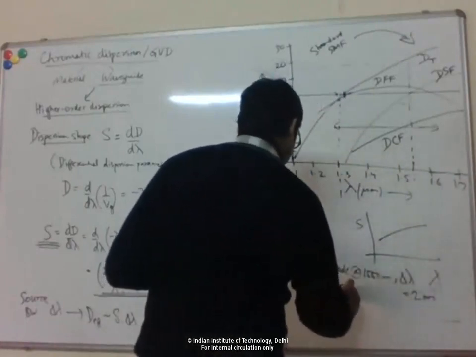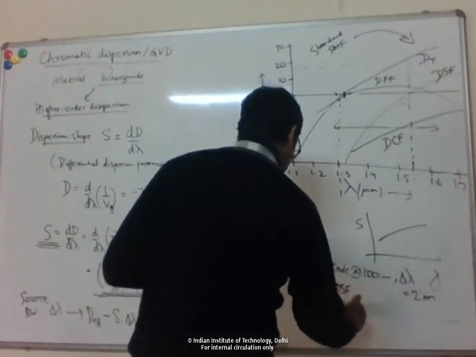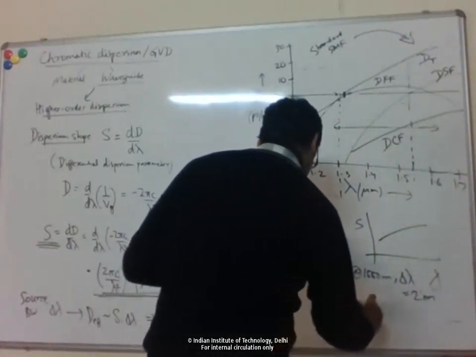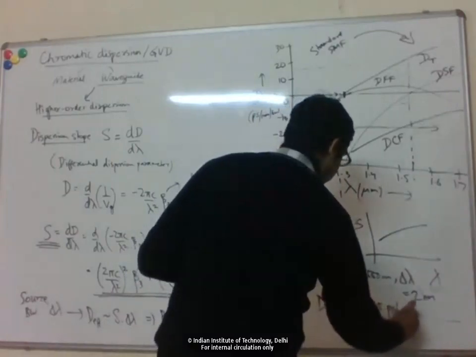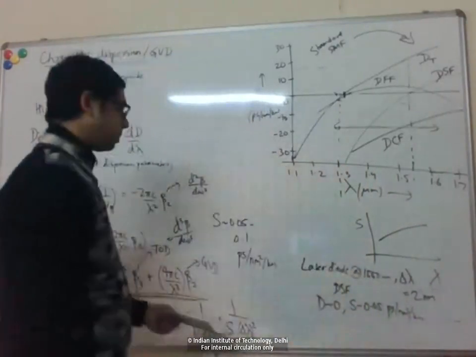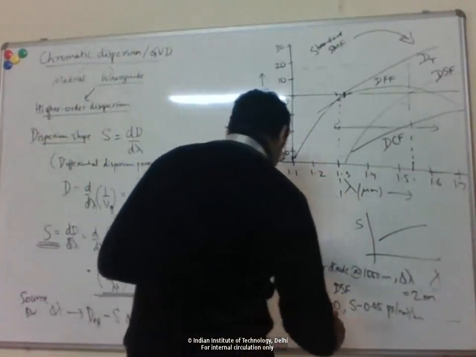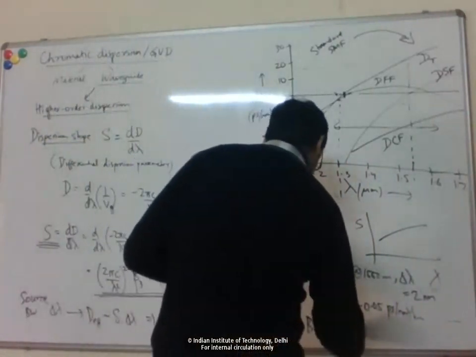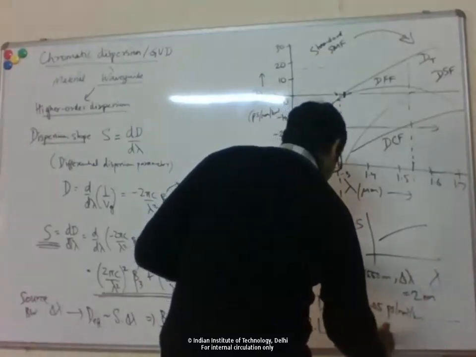Okay, we use a dispersion shifted fiber, so D is sort of 0, S is about, let's say, 0.05 picosecond per nanometer square per kilometer. Right, so if you put the number here, this is limited to about 5 terabit per second kilometer.